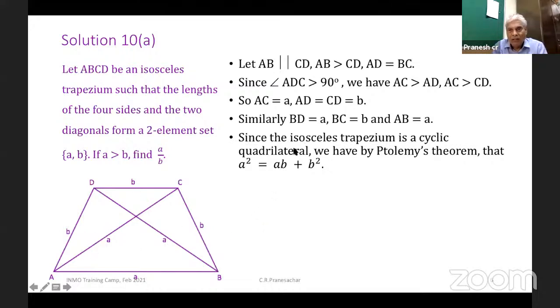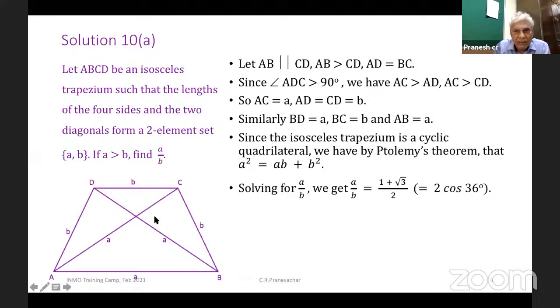Now we go to the application of Ptolemy's theorem. Every isosceles trapezium is a cyclic quadrilateral. The reason is that opposite angles add up to 180, just like these two adjacent angles also add up to 180. So by Ptolemy's theorem, we have a squared equals ab plus b squared, because of the sum of the products of opposite sides.